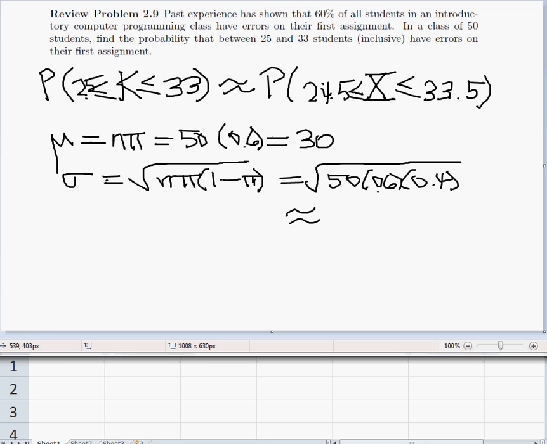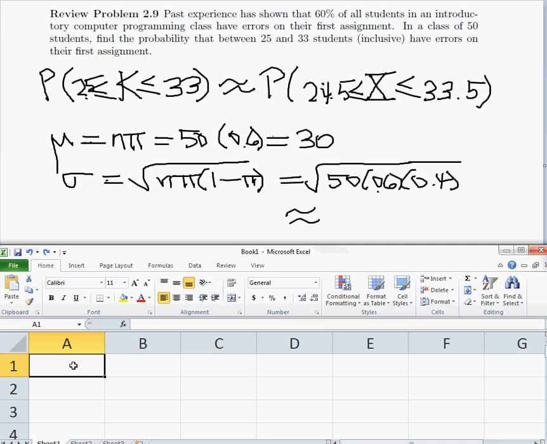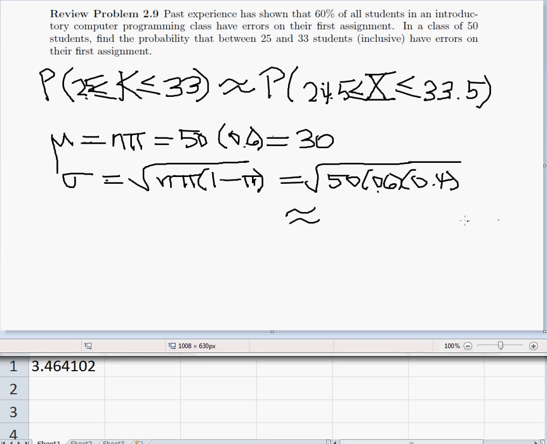I'll use Excel down here at the bottom to do that quick calculation. So that's the square root of 50 times 0.6 times 0.4, which is about 3.464.